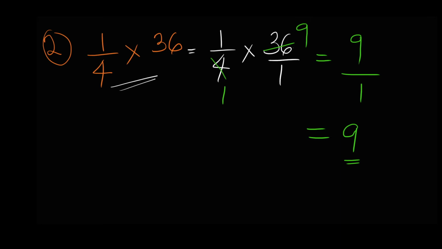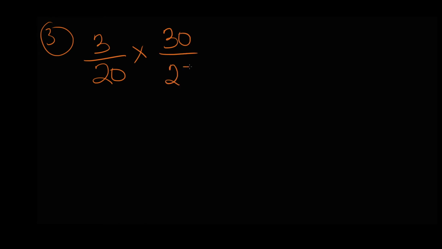Alright, let's take a look at another example to still better understand these concepts. 3 over 20 times 30 over 27. Let's take a look at this. 3 and 27, they have a common factor of 3.